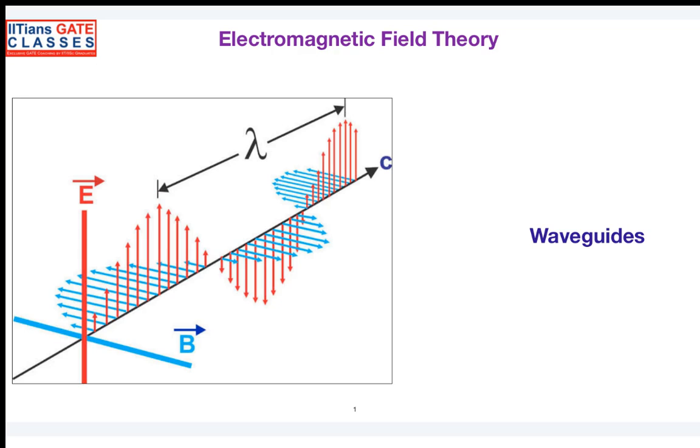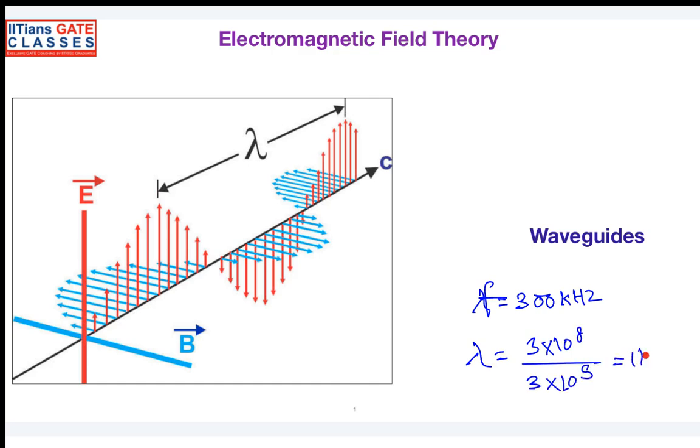The dimension of the waveguide is closely related to the wavelength at which you are operating. Suppose when you are talking about 300 kilohertz, your wavelength is going to come approximately 3 into 10 power 5, you are going to get 1 kilometer. So you cannot design a waveguide with a dimension in the range of kilometers.